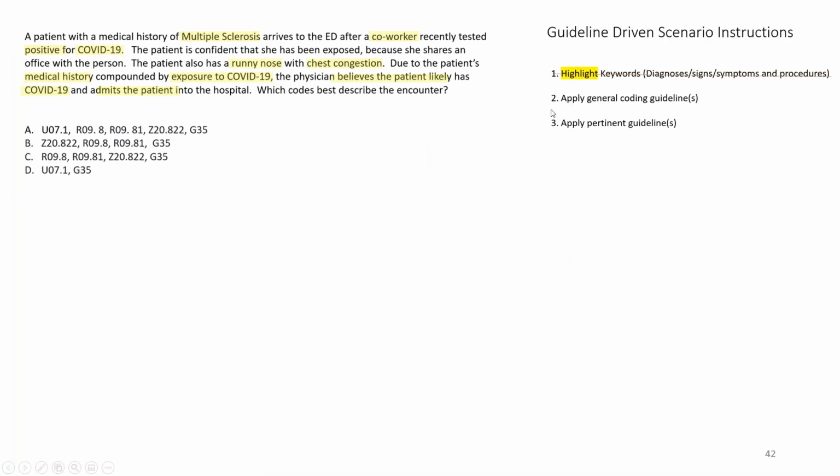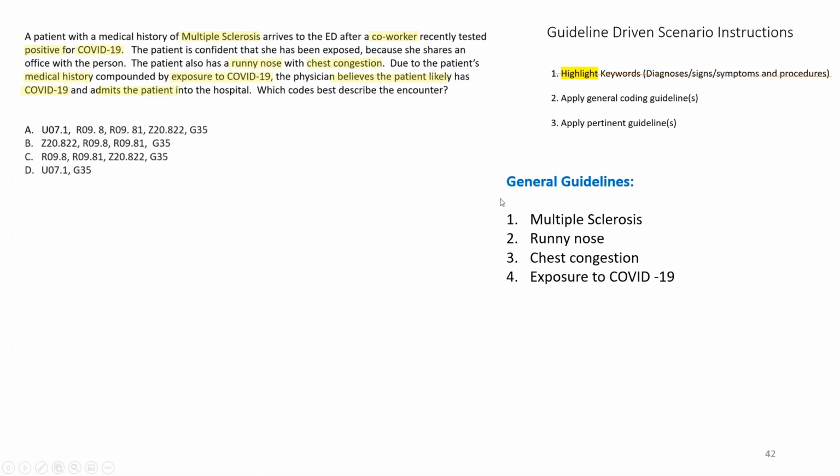Now I'm going to apply my general coding guidelines. How I do it, I just write down the diagnoses, signs, and symptoms and procedures, and I analyze them. So first we have multiple sclerosis, runny nose, chest congestion, exposure to COVID-19.